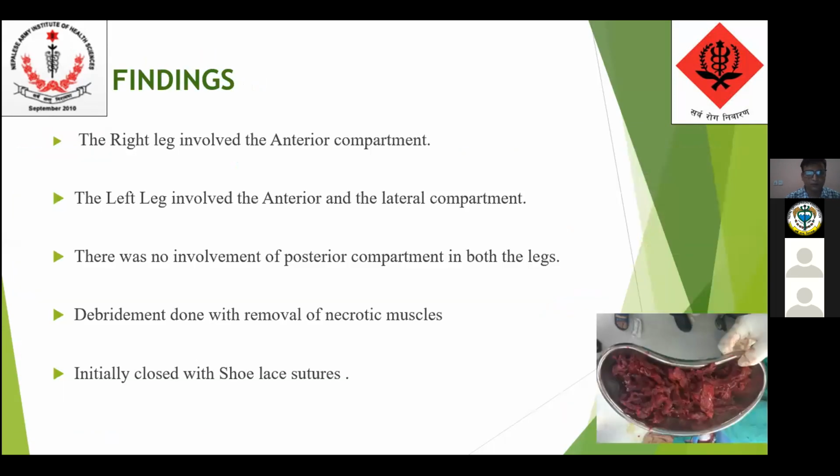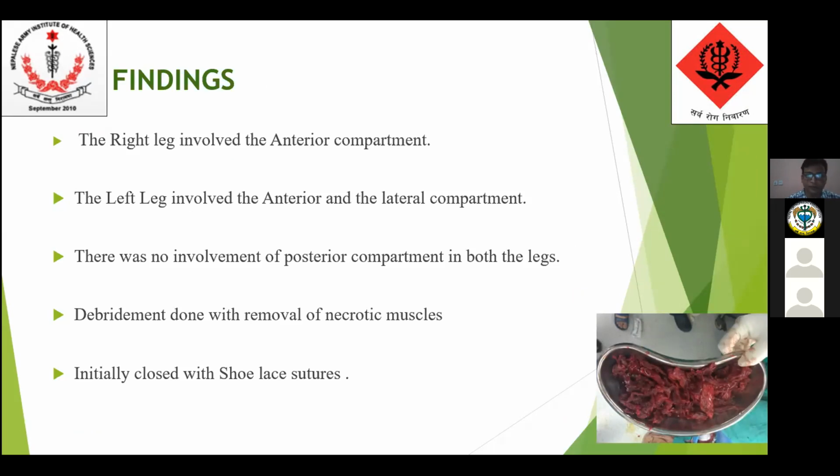However, there was no involvement of the posterior compartment in both legs. Debridement was done with removal of all the necrotic tissues, and initially it was closed with shoelace sutures.